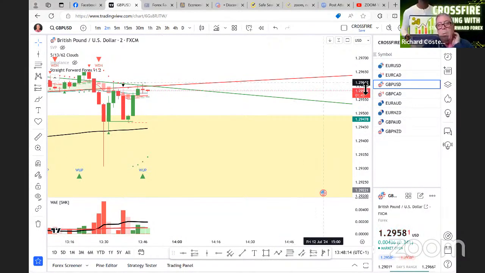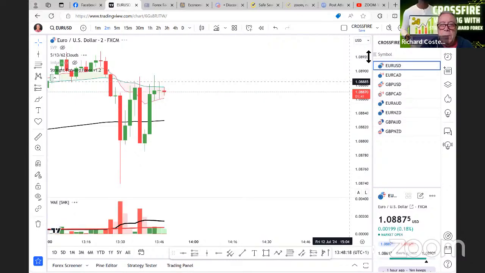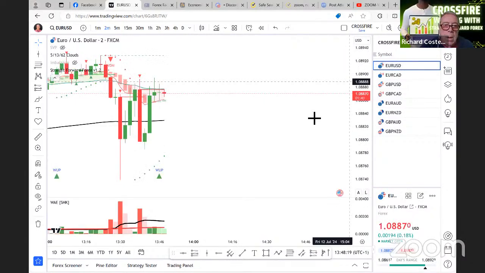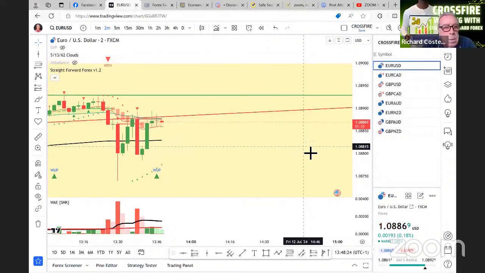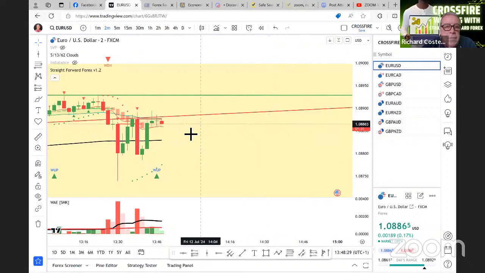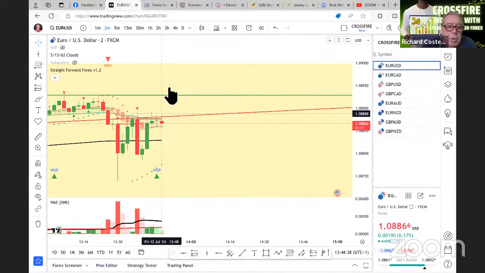So I'm going to go back through the pairs and just tell you what I'm going to do this afternoon. On Euro US, for me to get in for a buy, because we're in a wave up and we've got green PSARs, I would want price to get above the green trend line, because that's the first rule in crossfire.